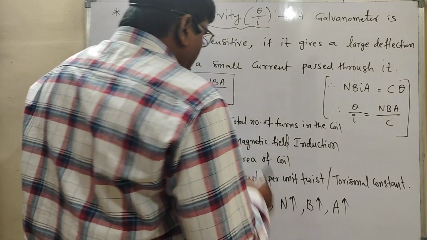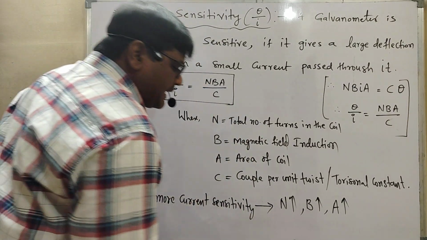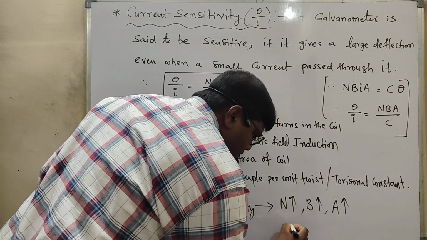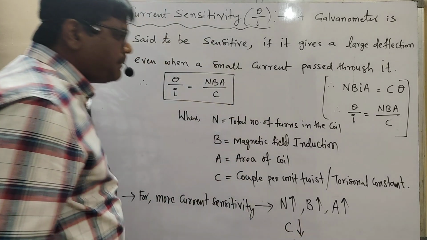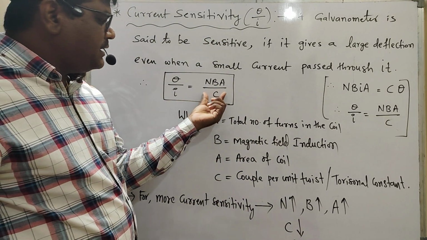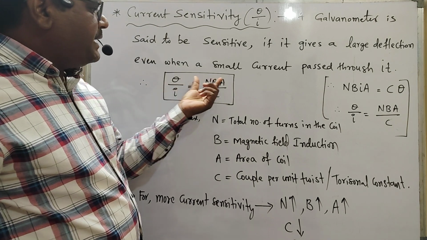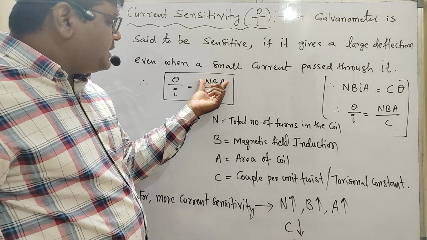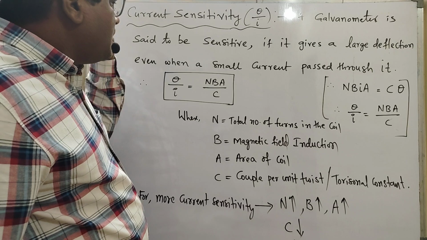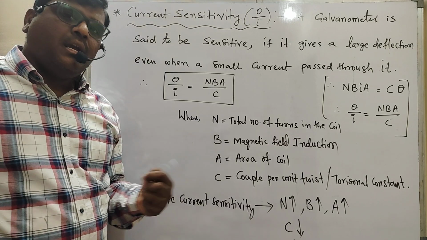And also, the torsional constant, this should be what? Decrease. By decreasing this quantity, we can increase the sensitivity of the galvanometer. By increasing these three quantities, we can increase the current sensitivity of the galvanometer.